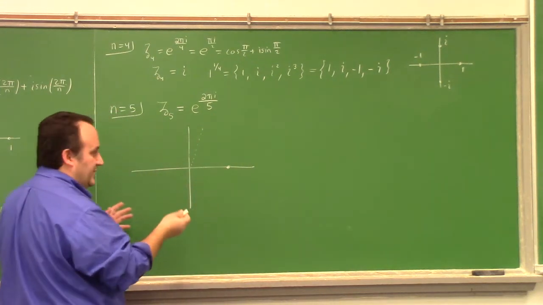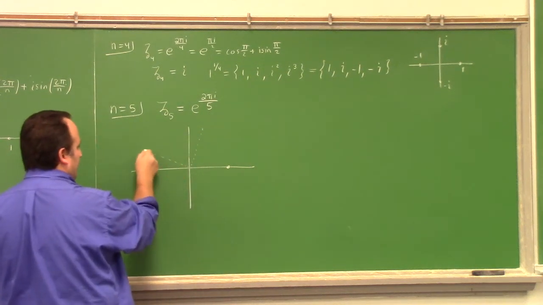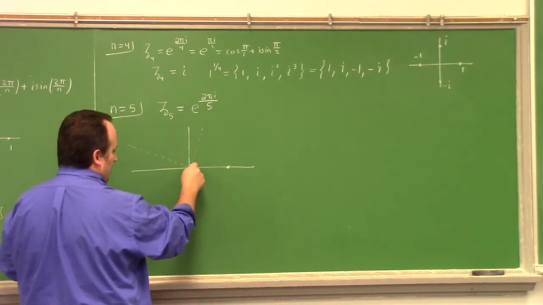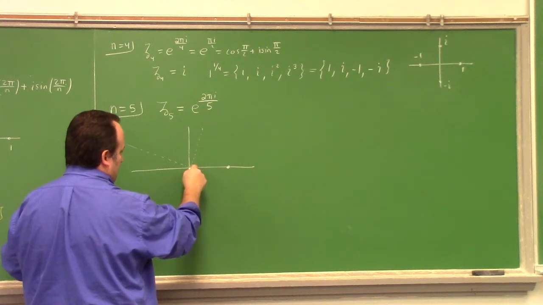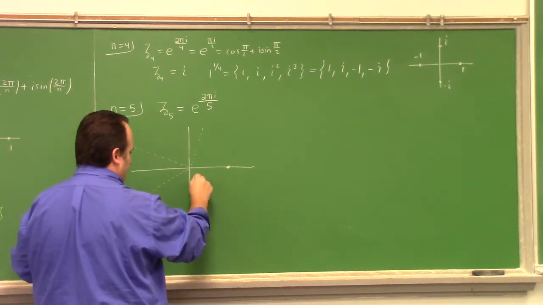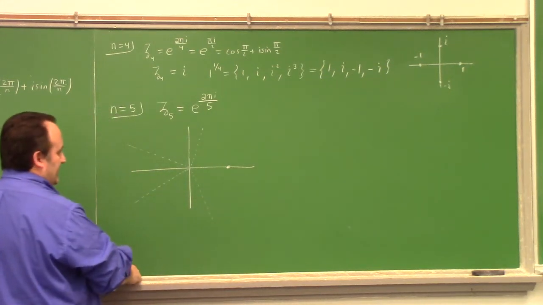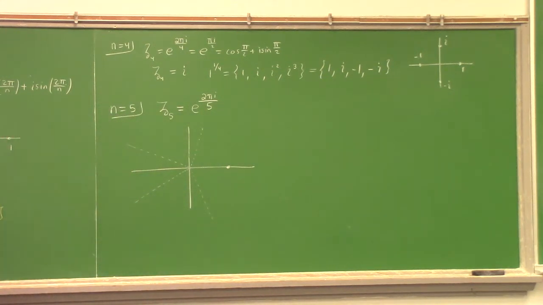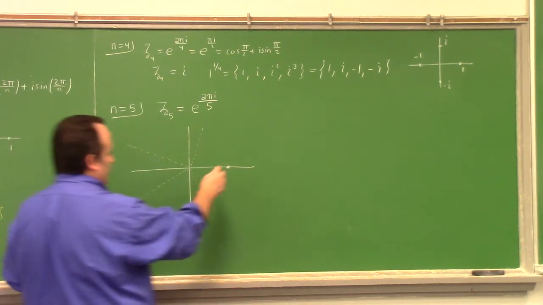72 times 2, 144. So that's over here-ish, right? Again, plus another 72. I don't know, it's down here somewhere. Something like this. They should be symmetrically arranged. And by the way, all the roots of unity have length 1.